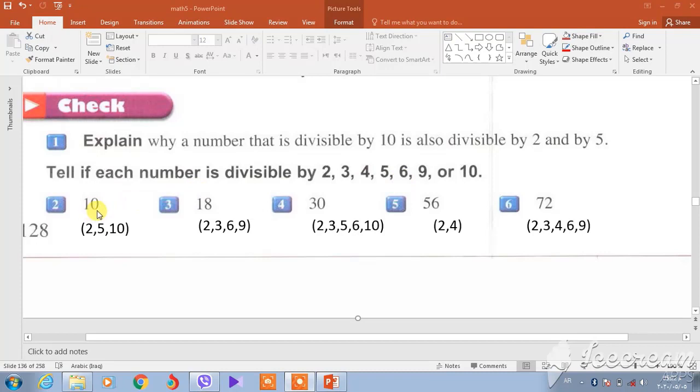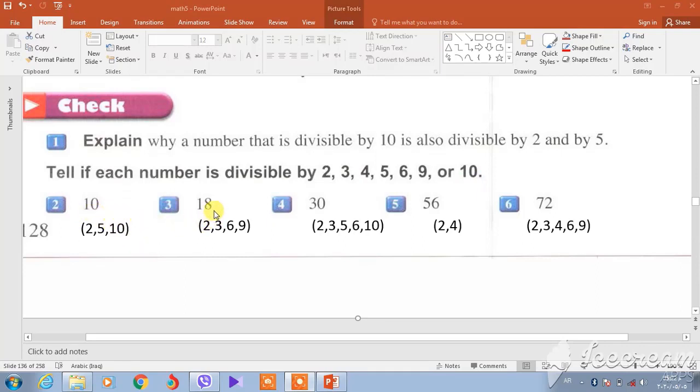Yes, it is divisible by 2, but not by 3. The rule for 6 says if a number is divisible by 2 and 3, it is divisible by 6, so 10 is not divisible by 6. Divisible by 9, no, because the sum of digits equals 1, and 1 is not divisible by 9. Divisible by 10, yes, because the last digit is 0.